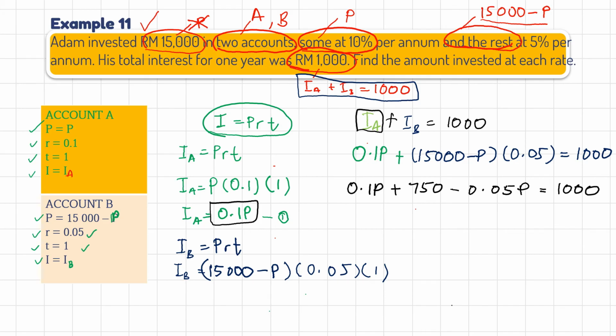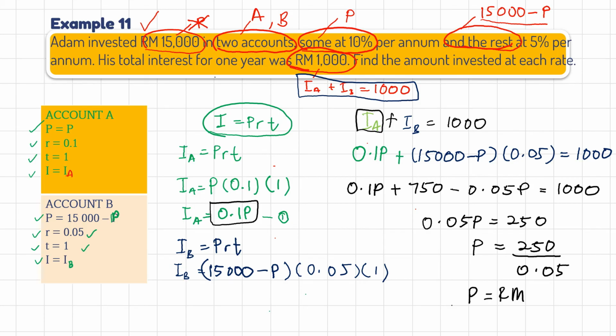Simplify the equation, we will get 0.05P equals 250. Therefore, our P will be equal to 250 over 0.05. So P equals RM 5,000 ringgit.